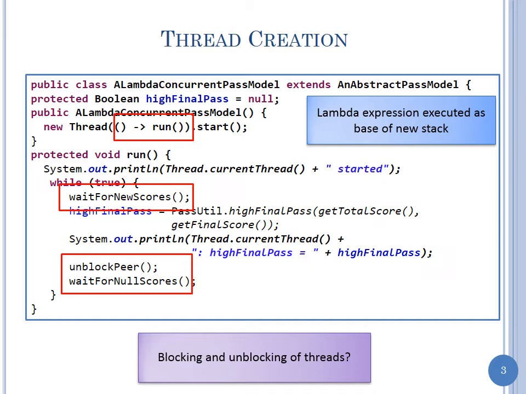Okay, in this case, there are no arguments, so the two parentheses have nothing in between. So that's the lambda expression we gave, and what we want to do is execute. We can put a piece of code right there, but we've written this class modularly, so we've actually got a run method, which is not a public method here, and that run method is called by the body of the lambda. Okay.